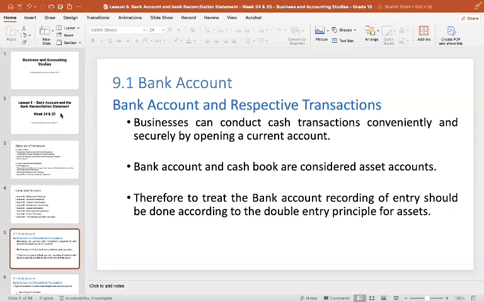Now, what is happening to businesses is when you initially start a business, you do it on a cash basis. And after some time, you understand, okay, my business is going up, so I need to open a bank account. Why do you open a bank account? That is to do your business transactions conveniently and securely.